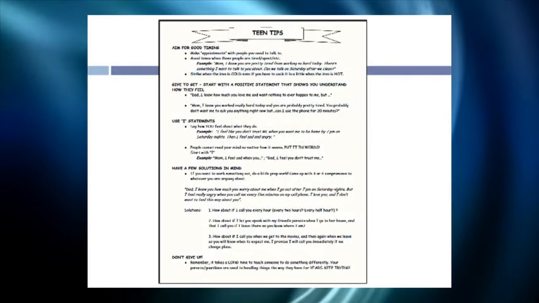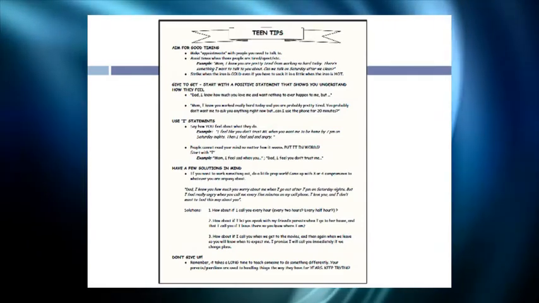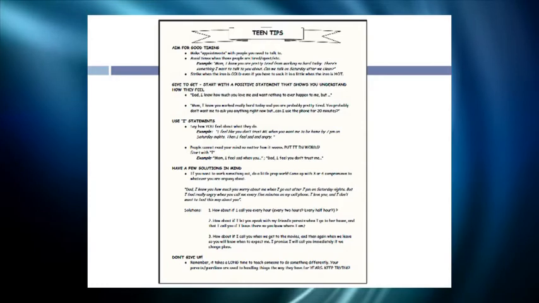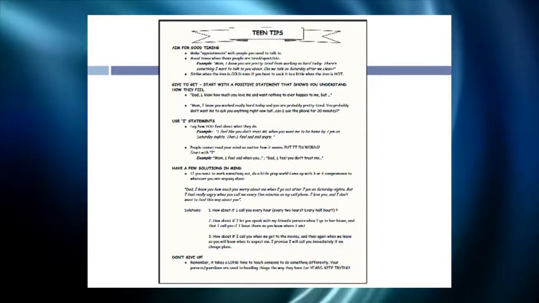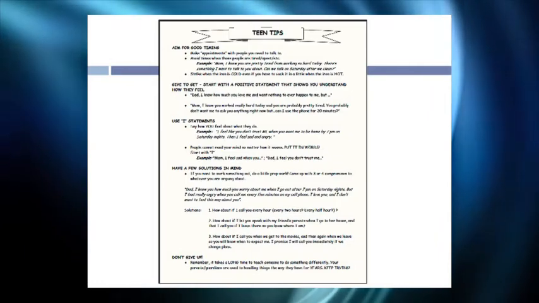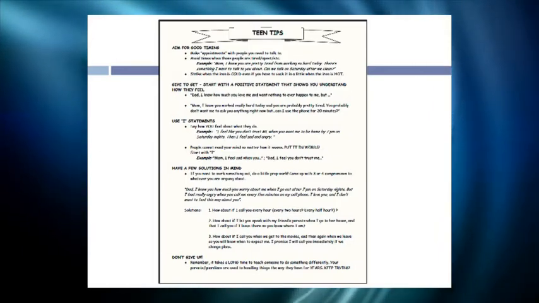So you have this sheet in your handout. This is what we call our teen tips. And this sheet has our specific communication skills that we work with the adolescent on. And often we will give this sheet of paper to the adolescent to take home with them as part of our work in the session.